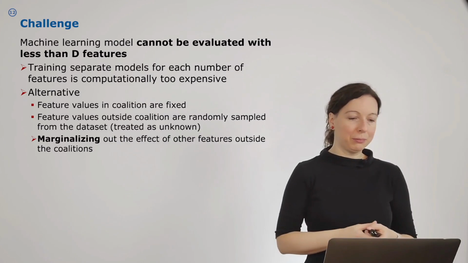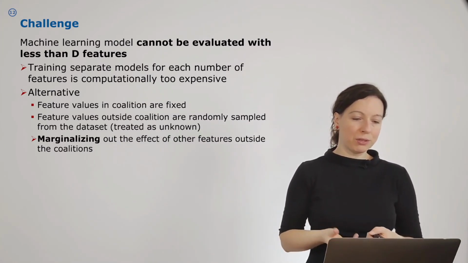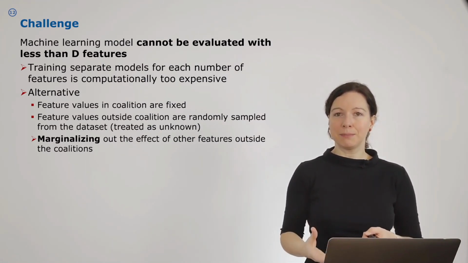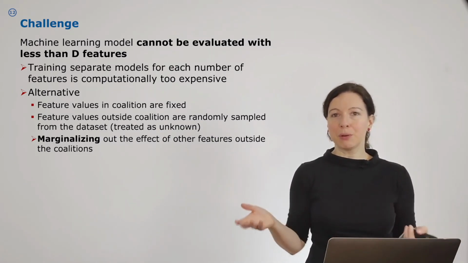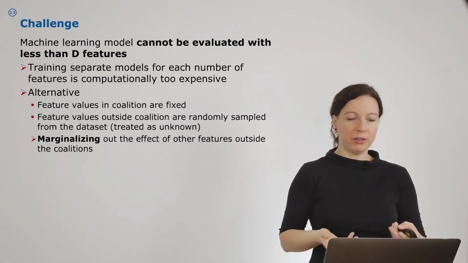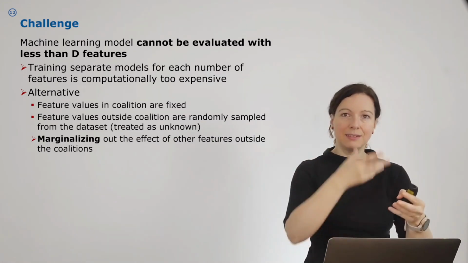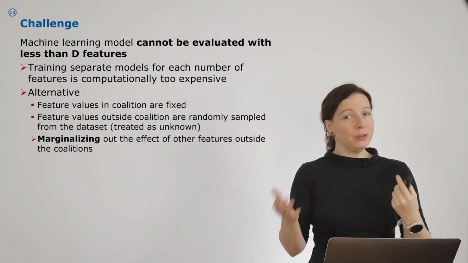This is not possible. It would be possible if you train separate models for each number of features, but computation is super expensive, and also you do not want to have different models for the computation. You want to have one model, and you want to analyze the decision process in this specific model. So you need an alternative.